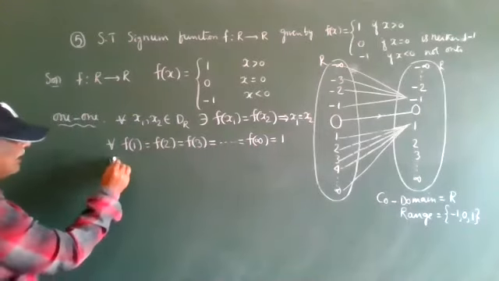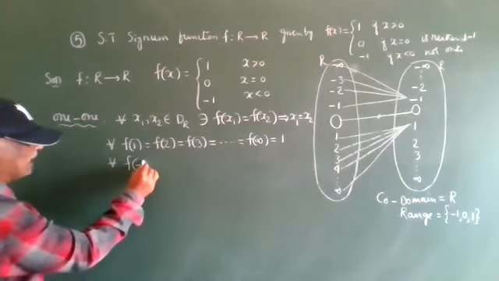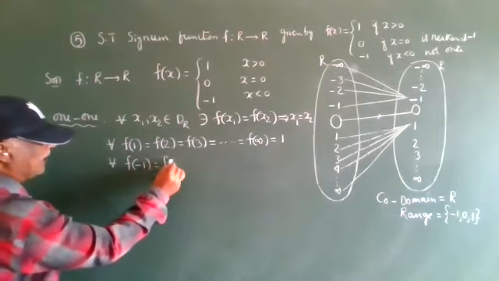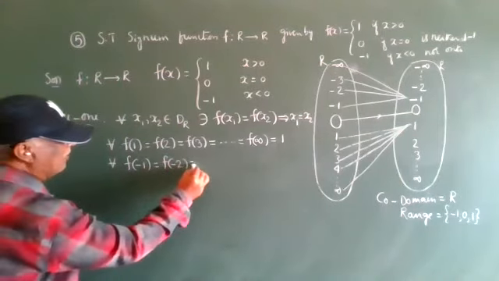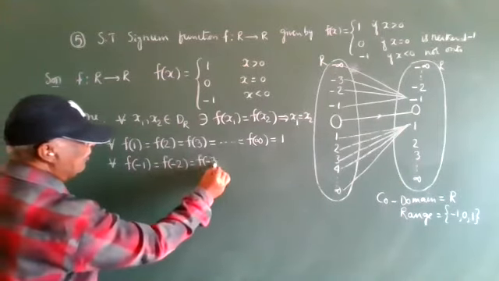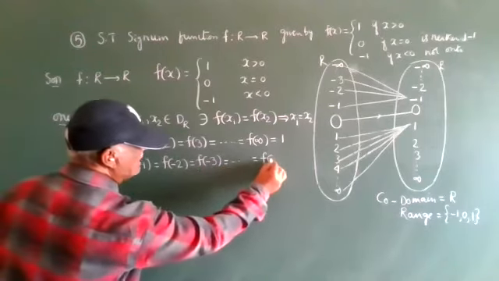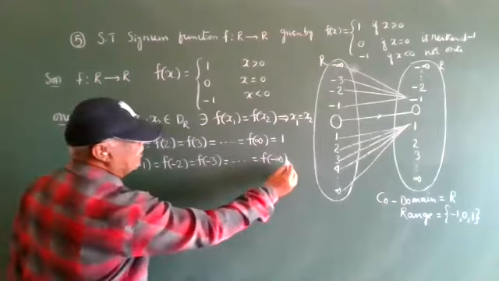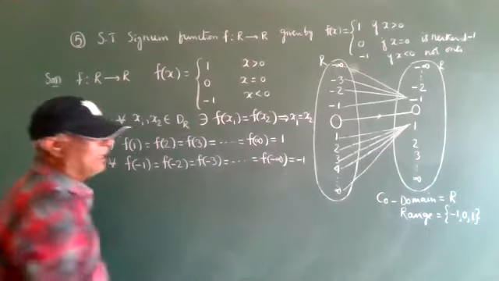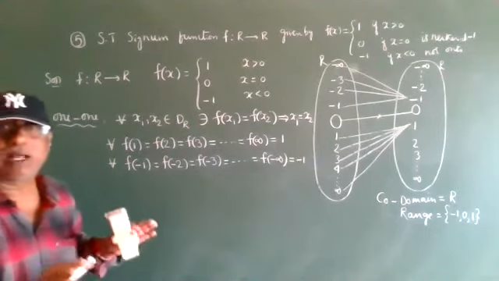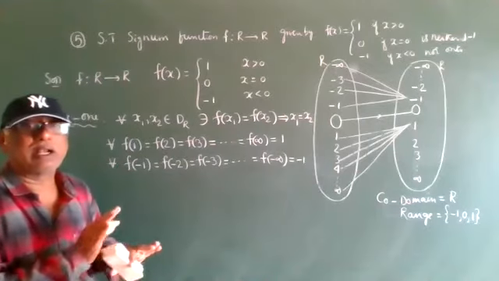For all negative values, f of -1, f of -2, f of -3, up to -infinity, the image is -1. So images are repeated, therefore it is not one-one.